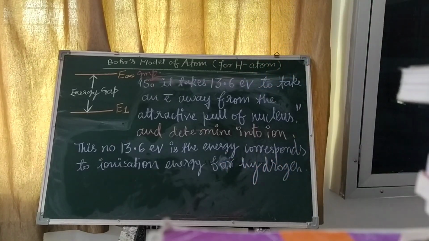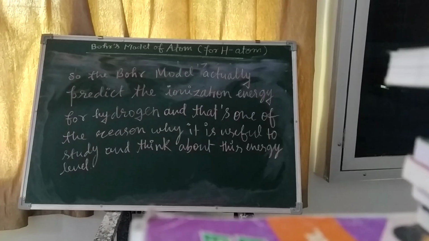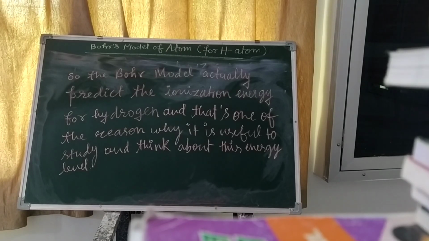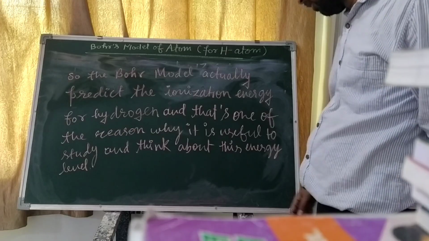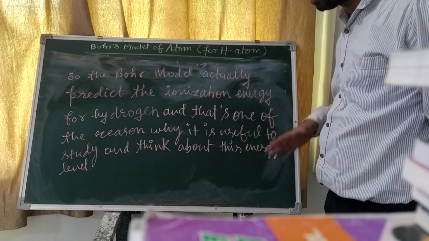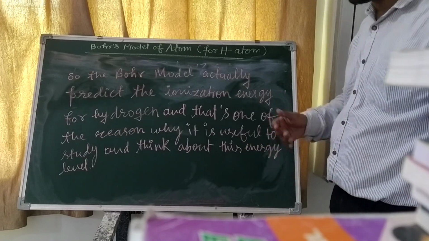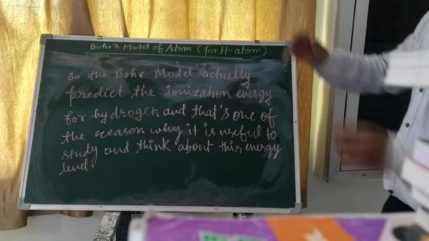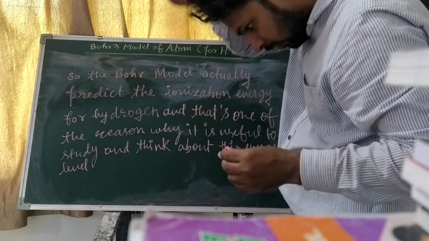This is the ionization energy for hydrogen. So you will find the Bohr model actually predicts the ionization energy for hydrogen, and that's one of the reasons why it is useful to study and think about these energy levels.